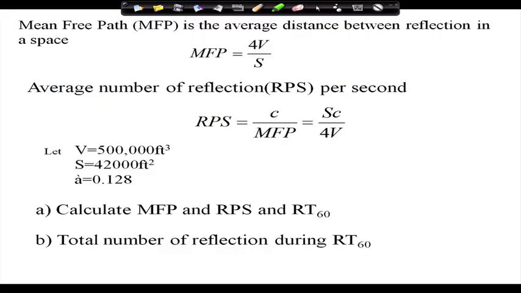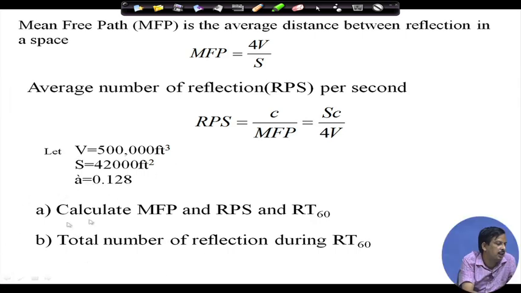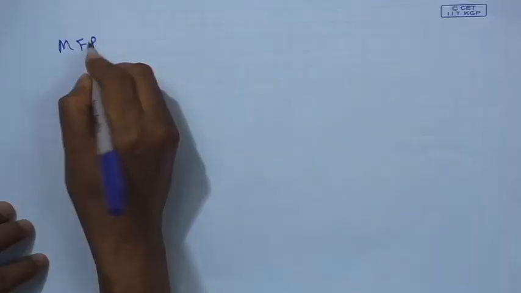Let us take an example I have given here. An auditorium has a volume V, surface area S, and average absorptivity given. Calculate MFP, reflections per second (RPS), and RT60. So, first is MFP. What is V?